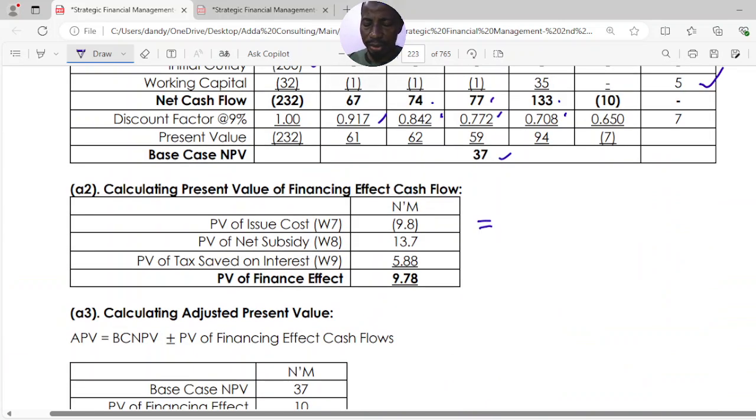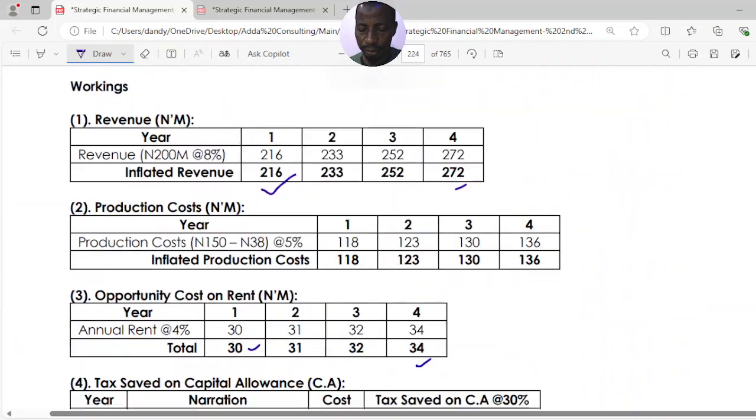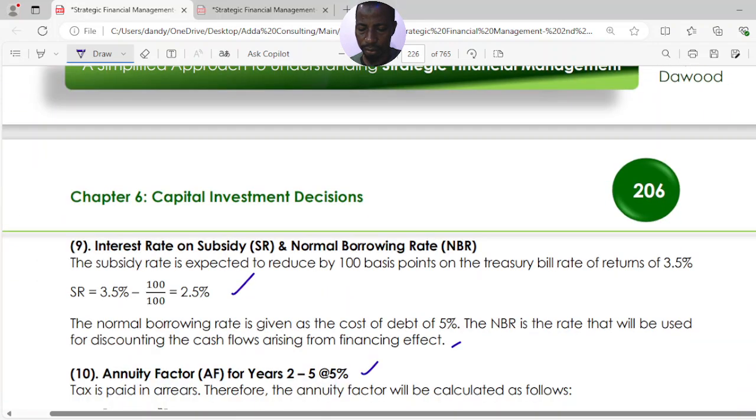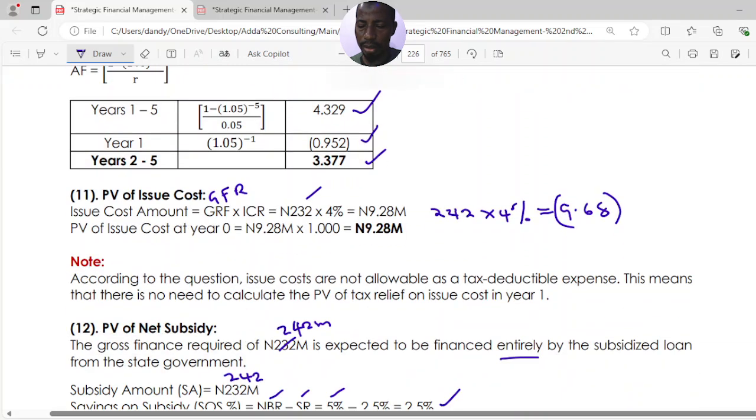I wanted to pick 242, but I mistakenly picked 232. So what did I say is the PV of issue cost again? Yes, 9.68.